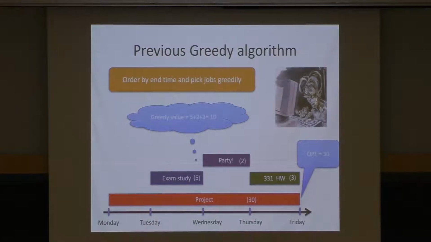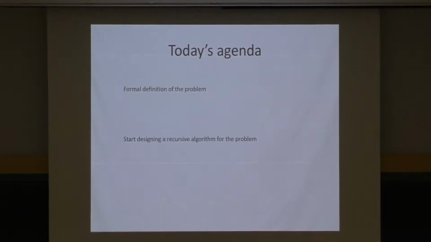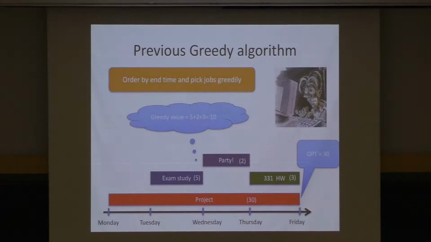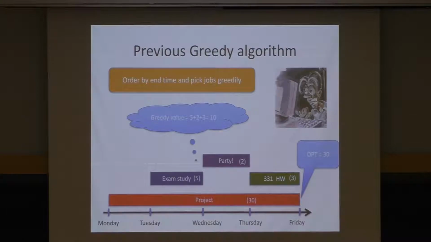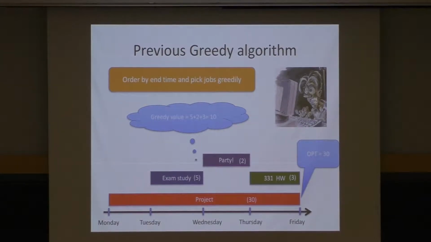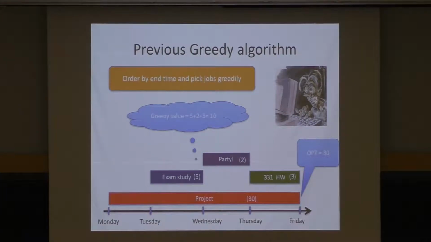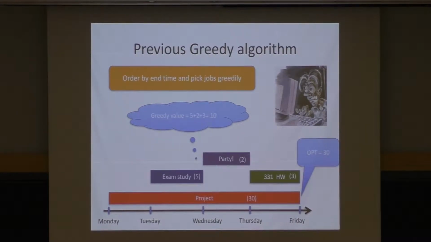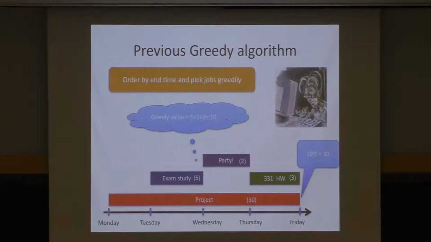So basically we want to solve this weighted version of the original problem that we saw. I'm going to formally define the problem, and then we're going to slowly start working through the dynamic programming version of this. One comment I should make: there are no known greedy algorithms that solve the weighted interval scheduling problem.